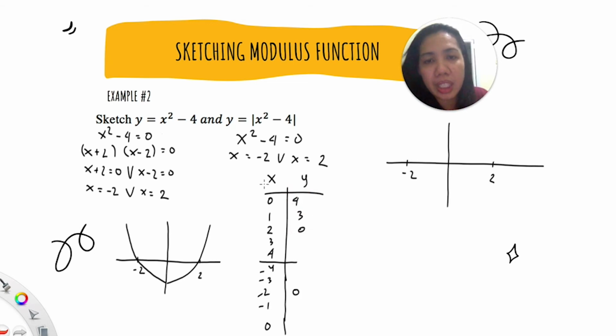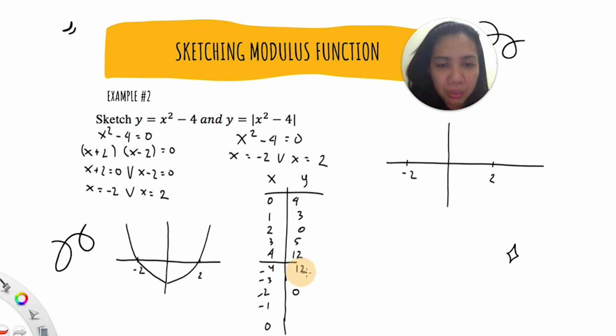For 3, 3 squared is 9, 9 minus 4 is 5, so the absolute value is 5. 4 squared is 16, 16 minus 4 is 12. For minus 4, squared is 16, 16 minus 4 is 12, so here we have 12.